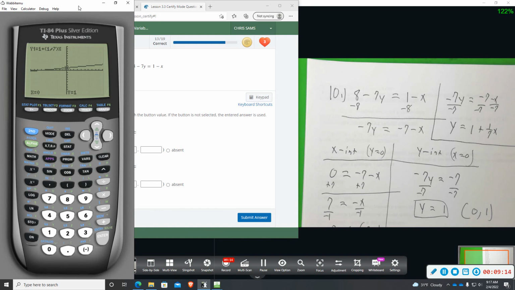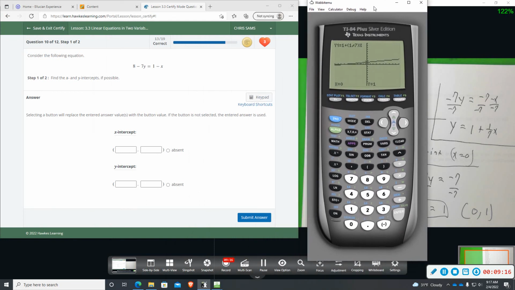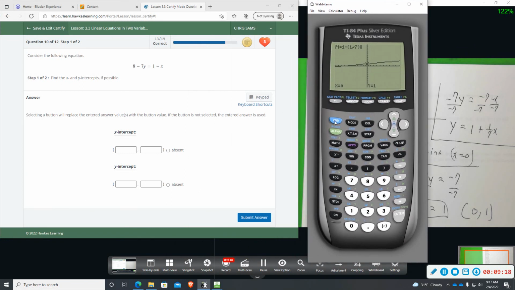Now the other one, if you want to find the x-intercept, they don't allow you to put y equals 0. That's the one I was doing backwards. You're going to do second trace again. This time we're going to do 0, and they're looking for this y value. So I need to go on the left side, where y is negative. Hold down the left. Okay, y is negative, and then I hit enter. So a while ago when they said there's no sign change, I picked two positive values.